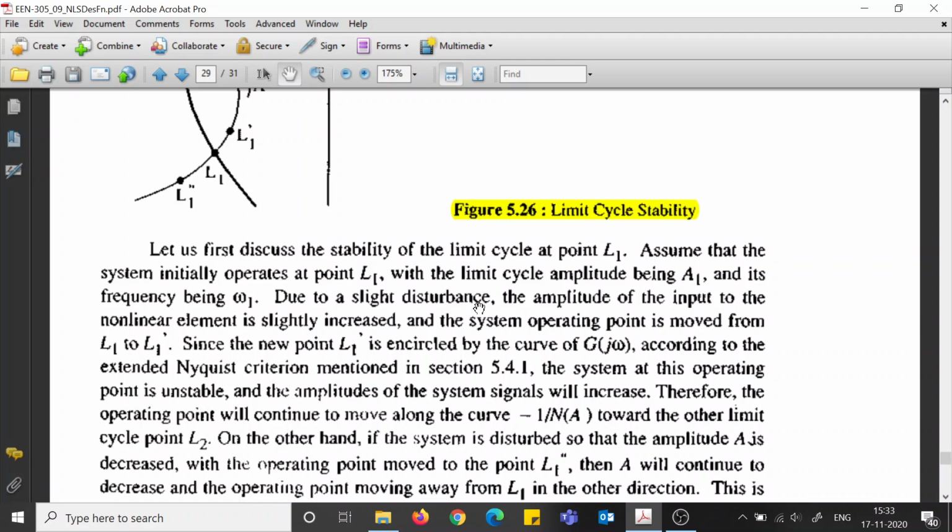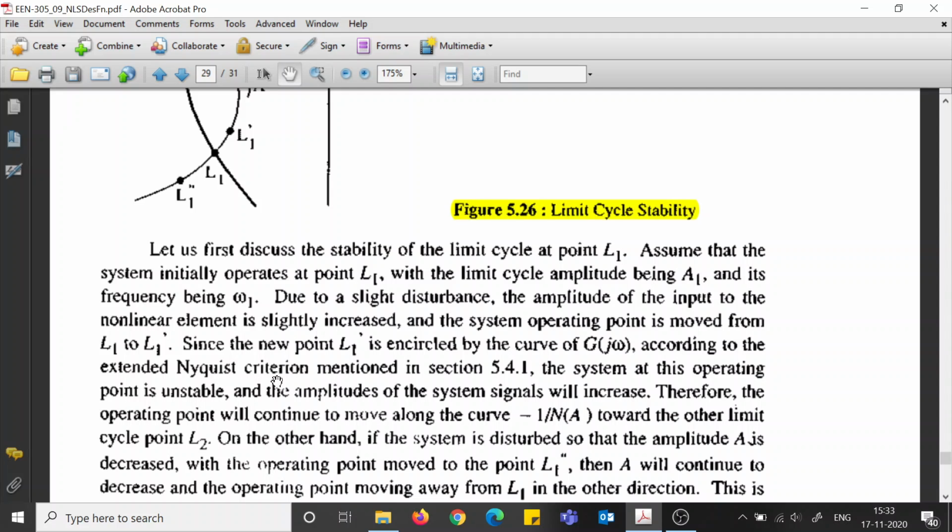How do we ascertain stability? We first give a slight disturbance and see whether we come back to that point or not. When we give a slight disturbance, the amplitude of the input to the nonlinear element is slightly increased, and the system operating point moves from L1 to L1 dash. This point is encircled by the curve G(j omega).